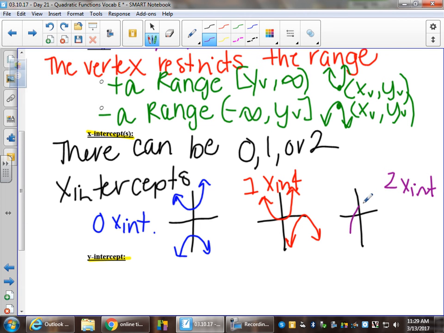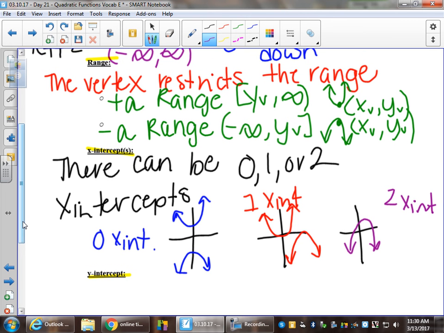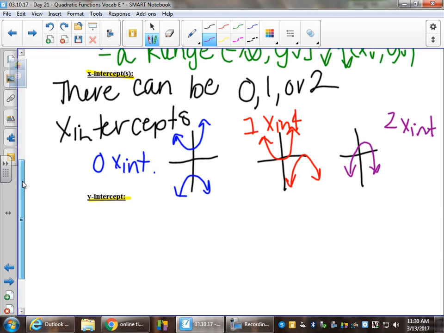So an example of that, something like this. Draw those pictures because it'll help a lot. And you guys are given actual equations.